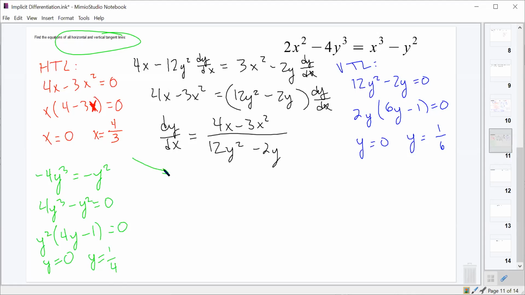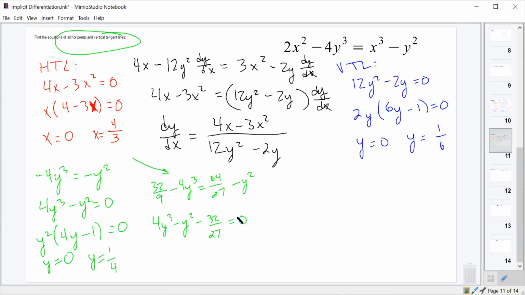All right, so let's do 4/3 real quick, and then we're going to talk about all of these. At 4/3 for x, that's going to be a little bit more of a pain. 4/3 squared is 16 ninths, so 32 ninths there, minus 4y cubed, and then x cubed is 64/27 minus y squared, which is going to give us 4y cubed minus y squared, and then 64/27 minus 32 ninths, I believe, is negative 32/27.